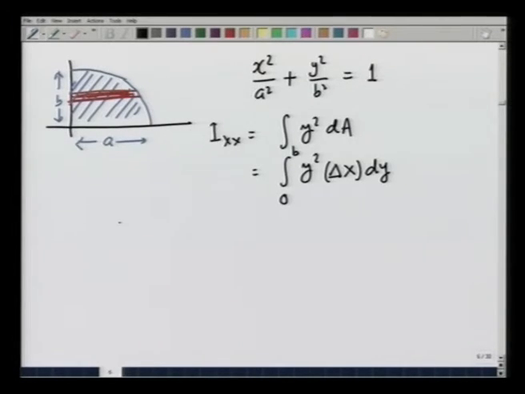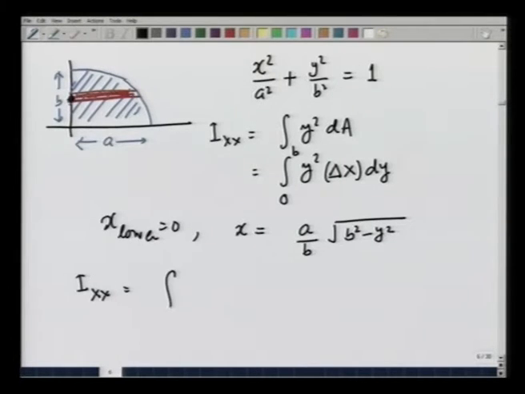From the equation, x lower is 0, that is this point, and I also know from the equation of the ellipse that x is equal to a over b square root of b square minus y square. Therefore, Ixx is going to be integral 0 to b of a over b y square square root of b square minus y square dy. This is what we got to integrate.